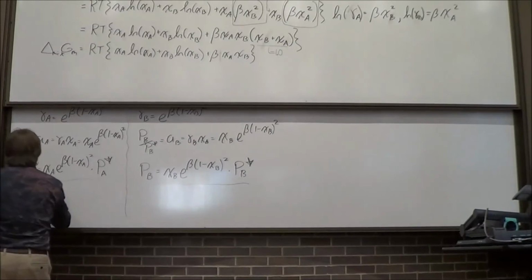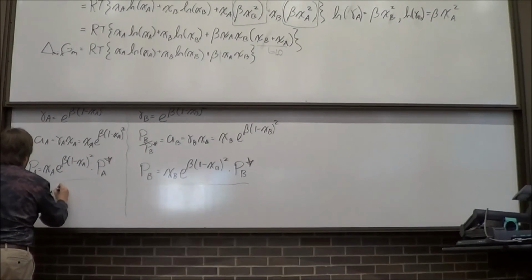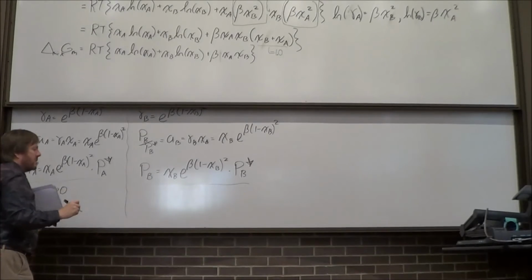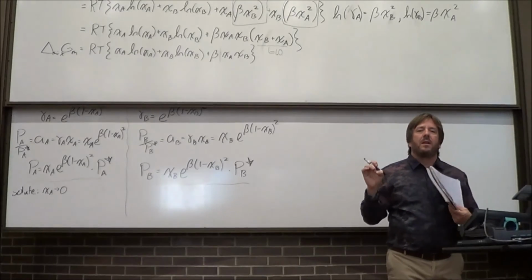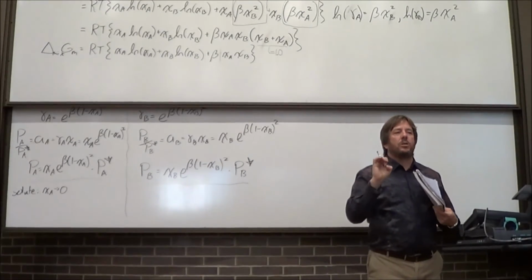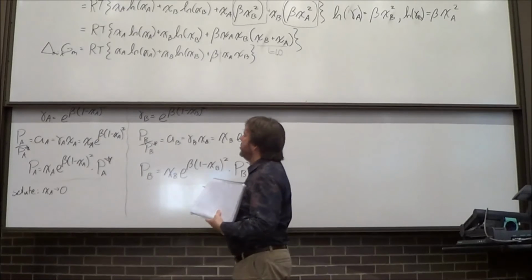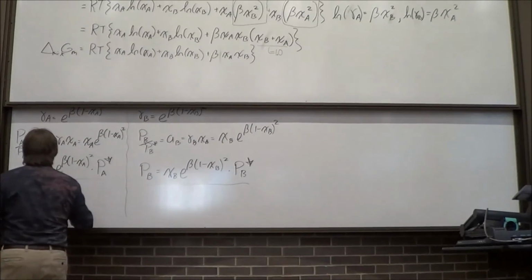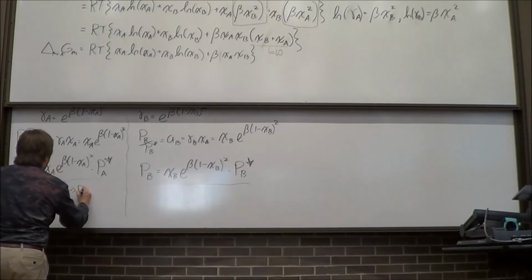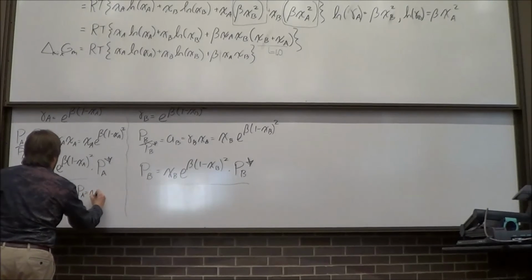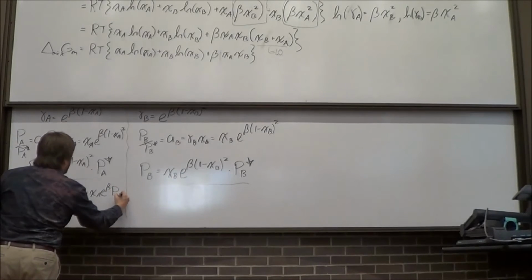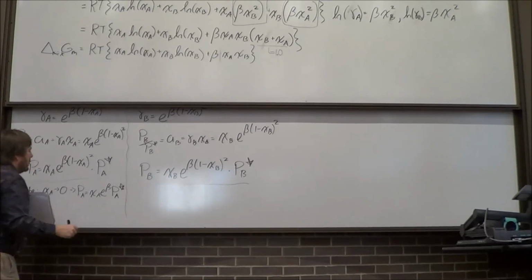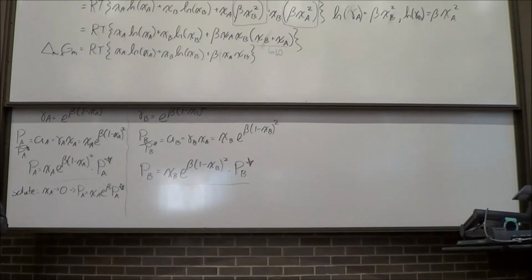And Henry's law is for the ideal dilute solution, so that means I've got to dilute something. And by dilution, it means that chi A would be close to 0. And therefore, the partial pressure of A is just chi A e to the beta times the pure partial pressure of, whatever you look up on Wikipedia, the pure partial pressure of water.